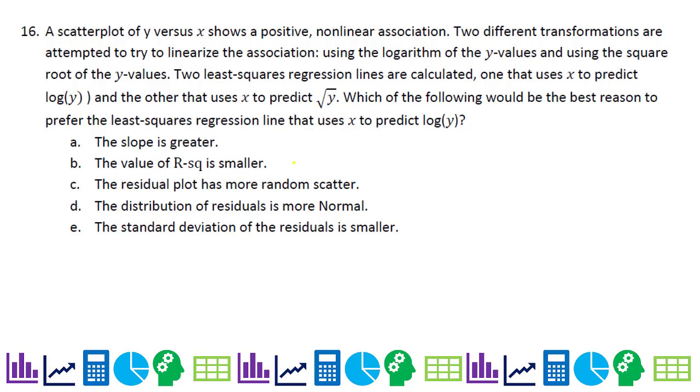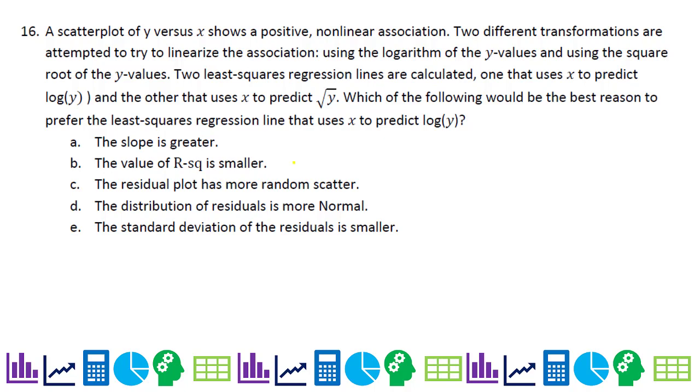A scatterplot of y versus x shows a positive nonlinear association. 2 different transformations are attempted to try to linearize the association, using the logarithm of the y values and using the square root of the y values. 2 least squares regression lines are calculated, one that uses x to predict log y and the other that uses x to predict square root of y.